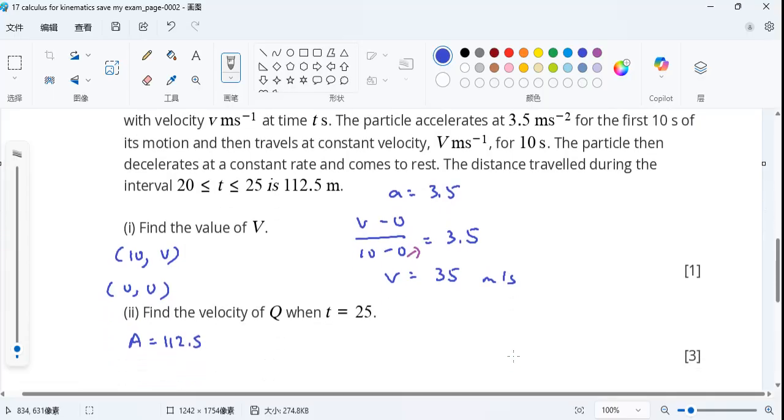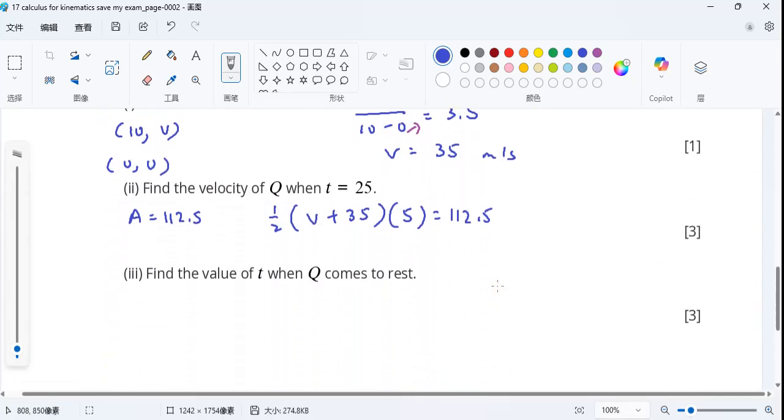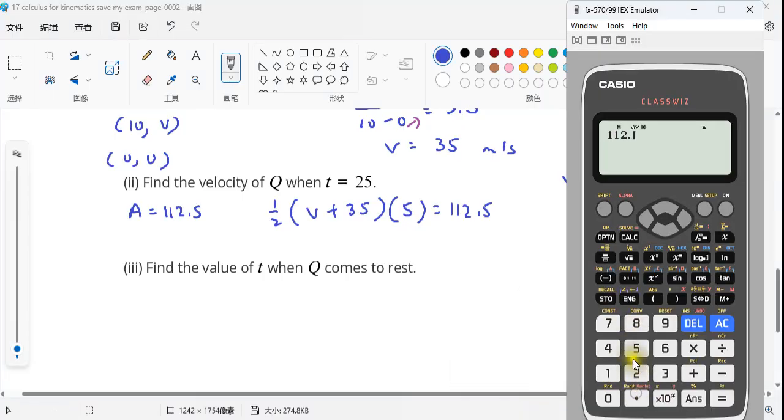So half times v plus 35 times 5 equals 112.5. So v plus 35 equals 112.5 divided by 5 and then multiplied by 2.